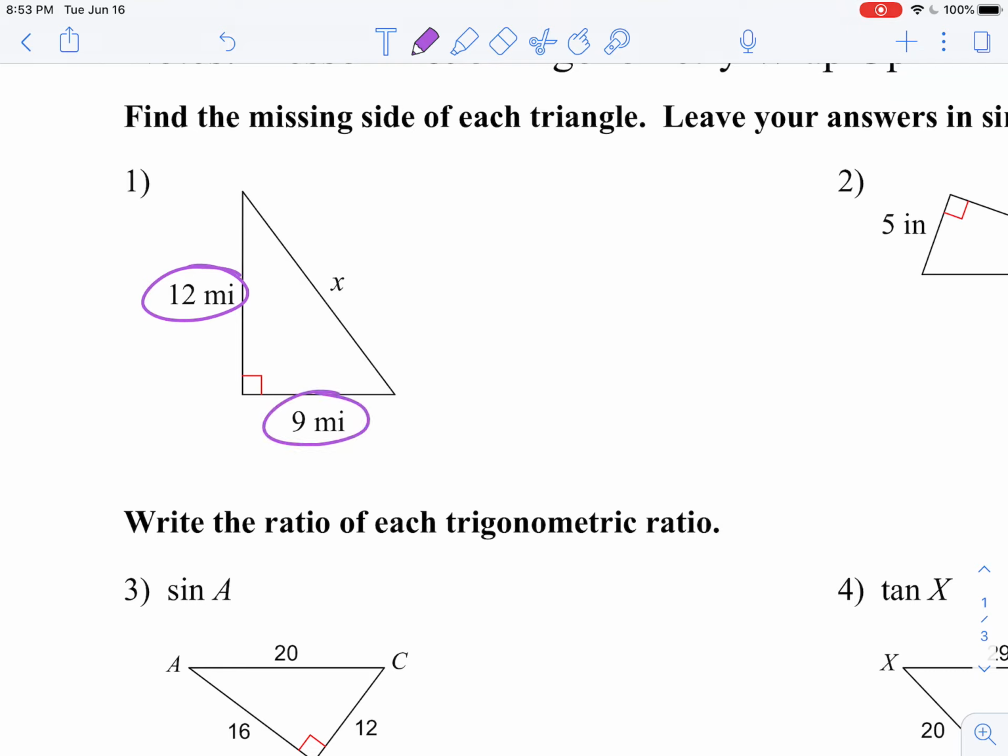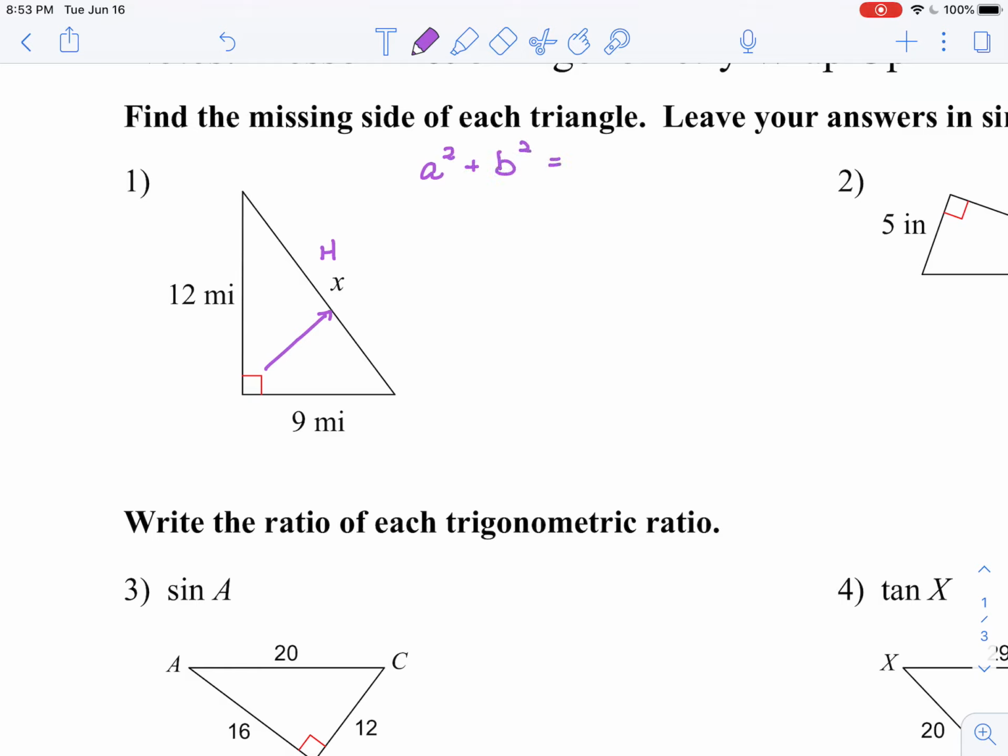So we need to look at what else we have. When you have two side lengths and you're only looking for a third, and none of the acute angles are cared about in any way, you're about to do the Pythagorean theorem. I do still need to care about where the hypotenuse is, but I'm not going to label opposite, adjacent, hypotenuse. I'm just going to say, okay, this is the hypotenuse.